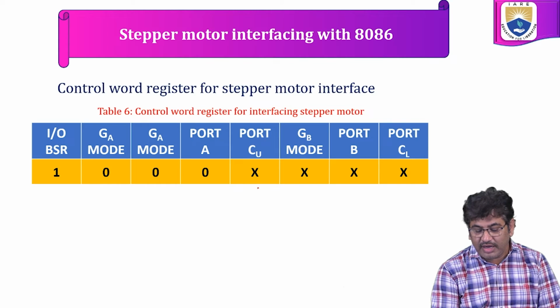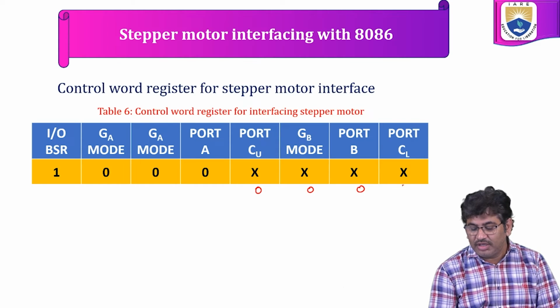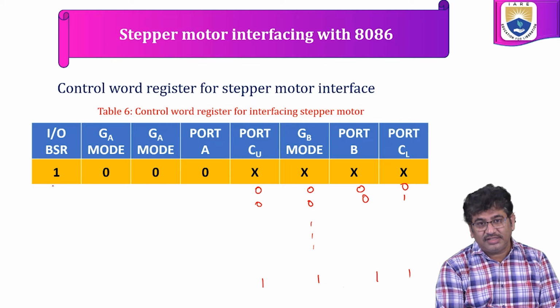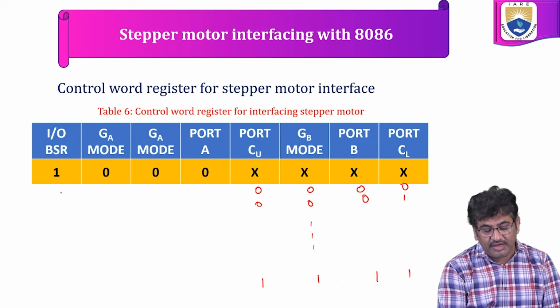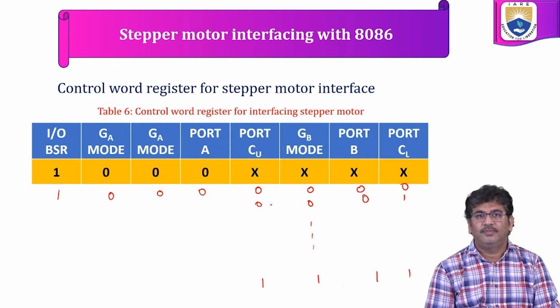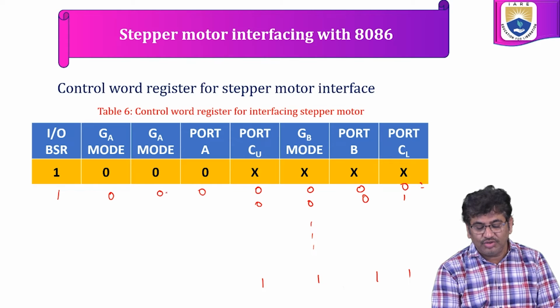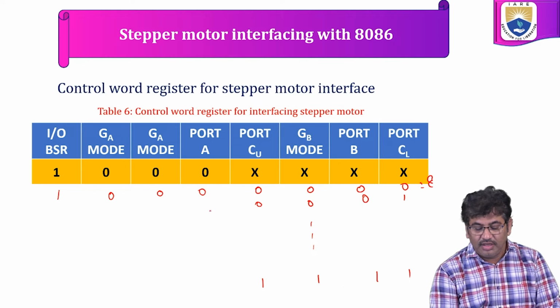So here I can write the configuration from 0, 0, 0, 0 to 0, 0, 0, 1, and like this I can have different possible combinations up to 1, 1, 1, 1. From 0, 0, 0, 0 to 1, 1, 1, 1 you can choose any value, whereas the upper 4 bits are reserved for the stepper motor control in all the cases. For the first case the bit pattern is 1, 0, 0, 0, 0, 0, 0, 0, that is 80H.